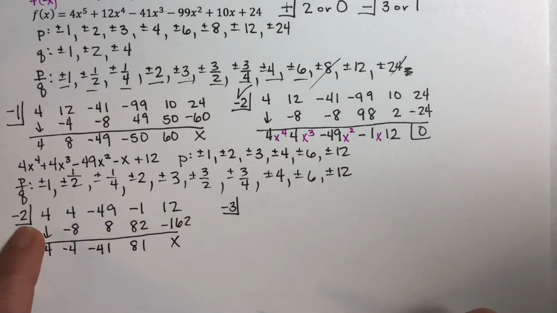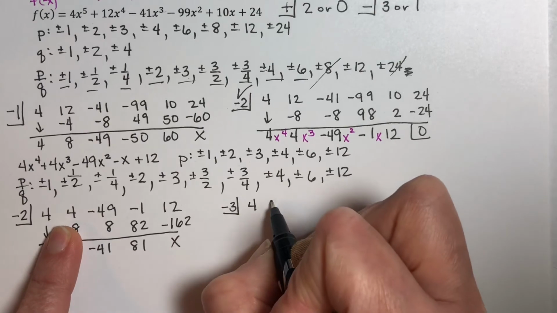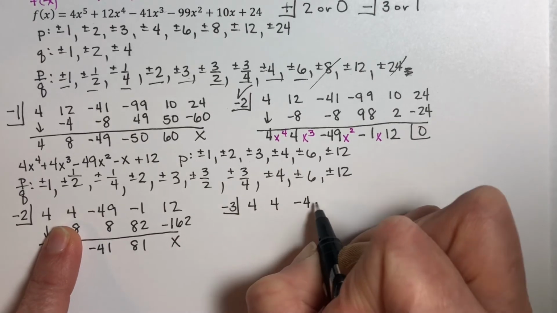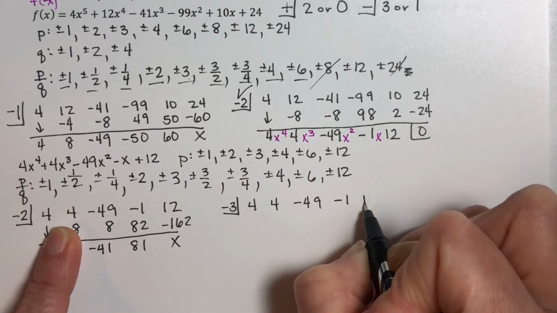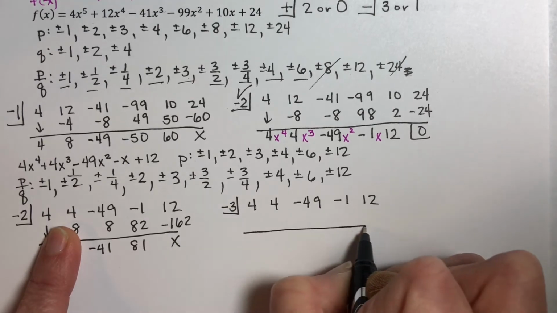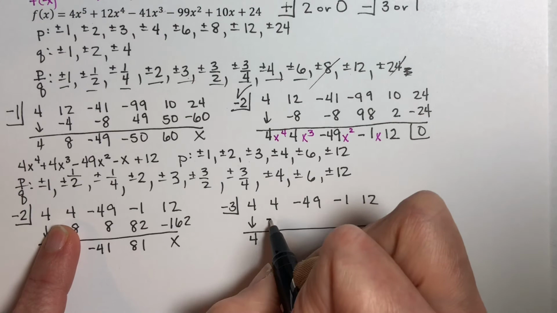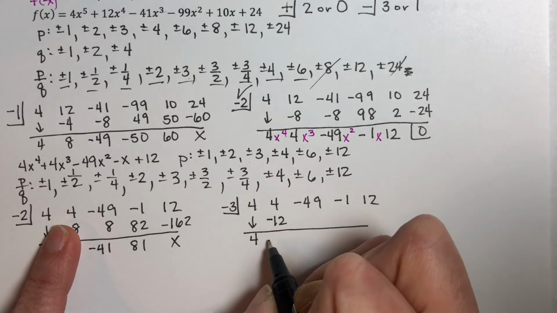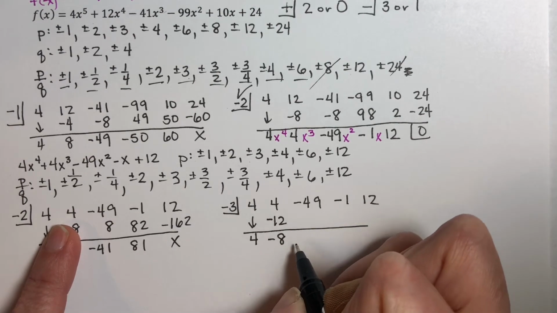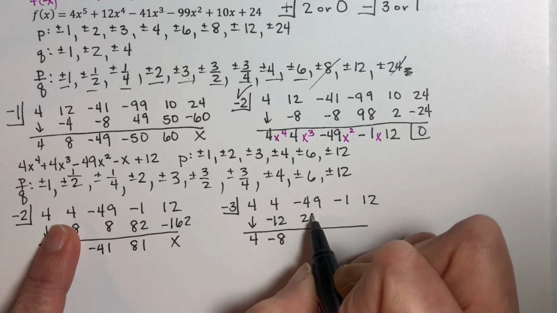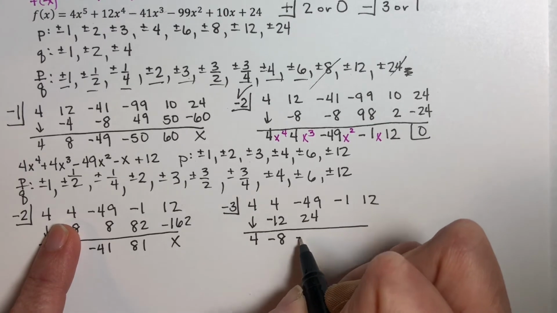I'm using these same coefficients here. Bring down the 4. Multiply, and you get -12. Add for -8. Multiply 24. Add -25.